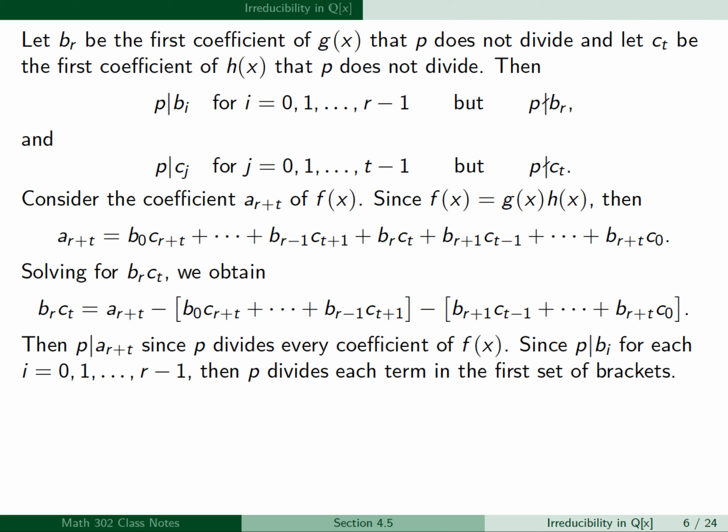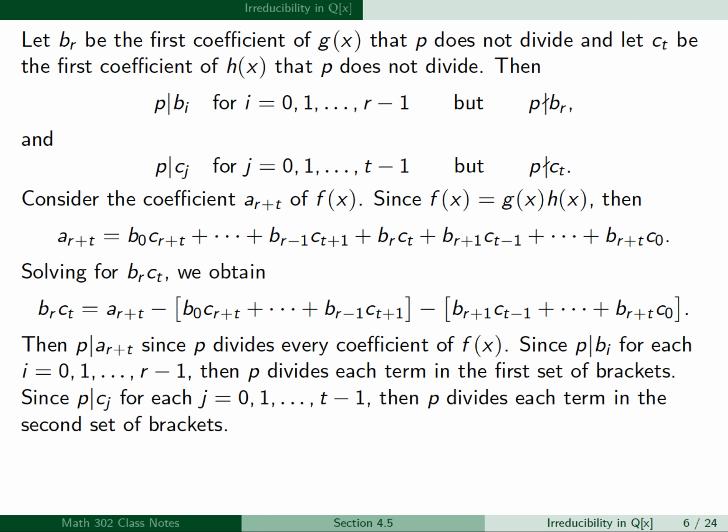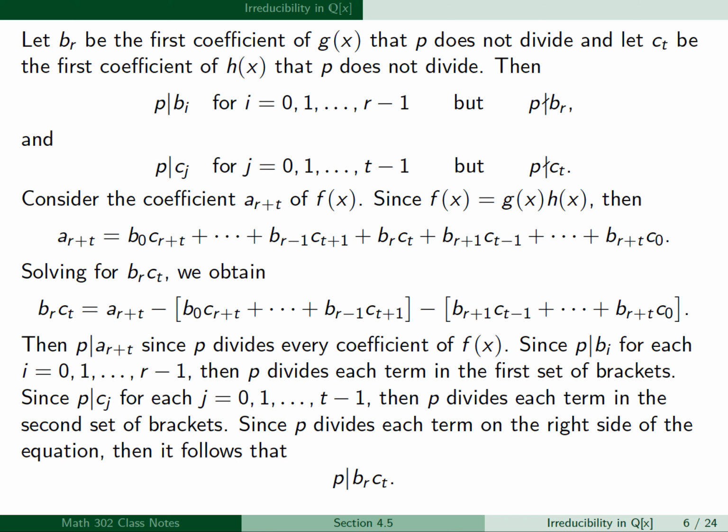And since p divides b sub i for each i equal 0, 1, up through r minus 1, then p divides each term in the first set of brackets. And since p divides c sub j for each j equals 0, 1, up through t minus 1, then p divides each term in the second set of brackets. And since p divides each term on the right side of the equation, it follows that p divides the left side, so p divides b sub r c sub t.